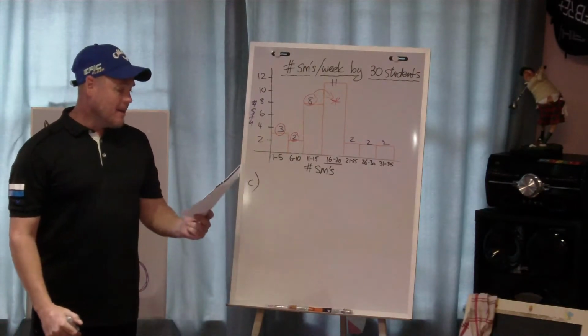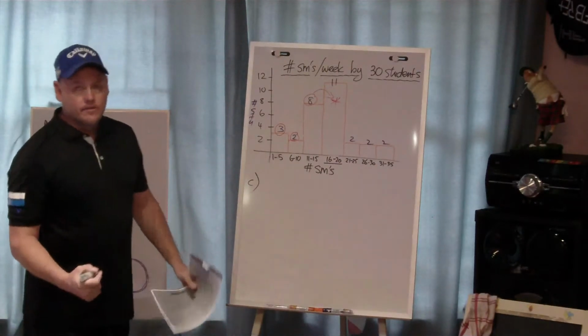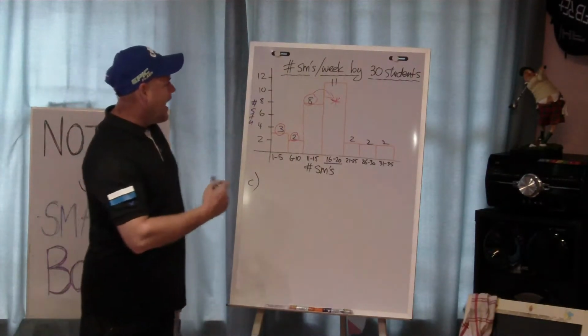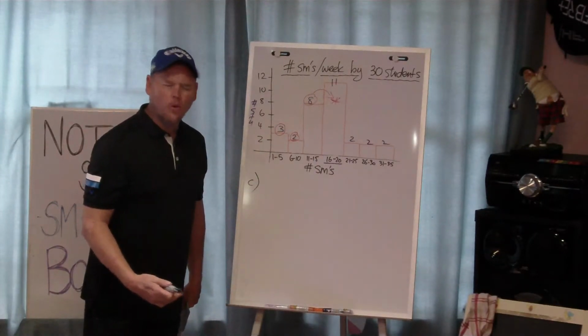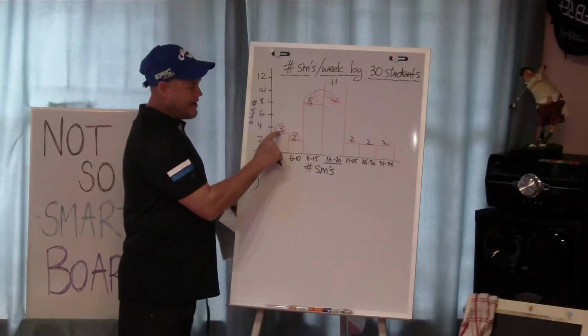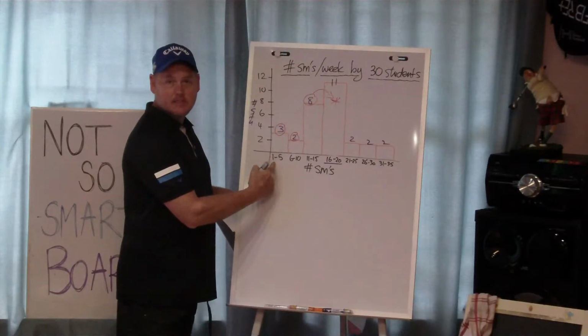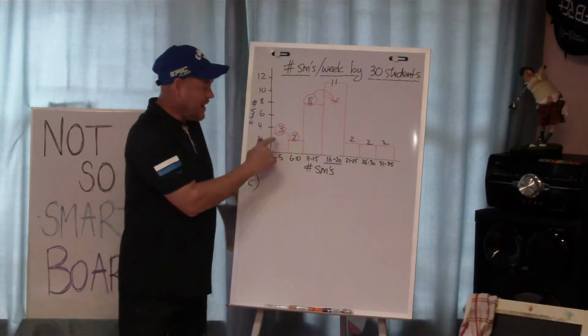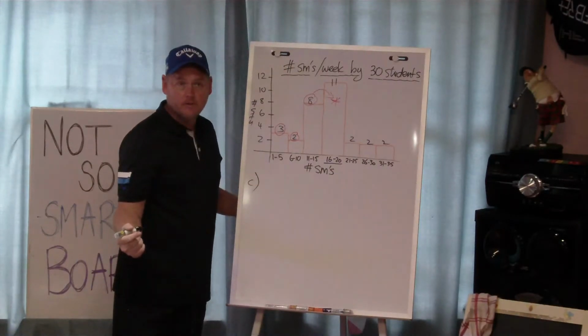So to find the mean from a histogram, this is how it goes. How many SMSs were sent in total altogether? Well, these 3 people here, they each sent between 1 and 5 SMSs. Now, I don't know exactly how many each of them sent. All I know is it's between 1 and 5.